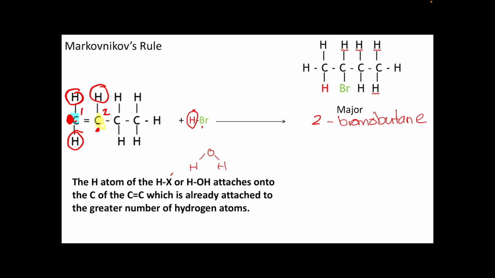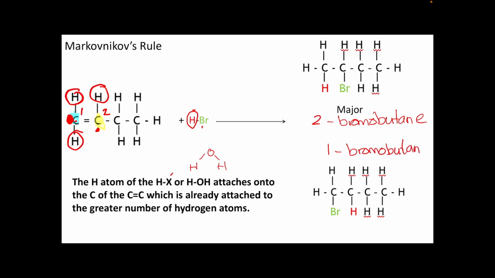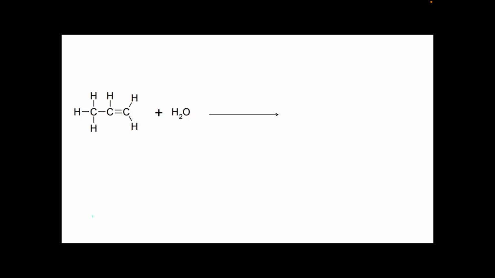Some of the molecules, some of the but-1-ene will undergo the reaction where the hydrogen joins to carbon number 2 and you will get 1-bromobutane. So you will obtain a mixture of products, but this one there will be the most of. We'll find out why that is later on.